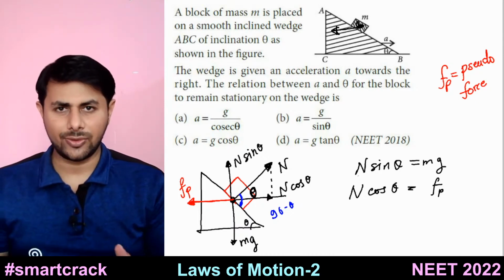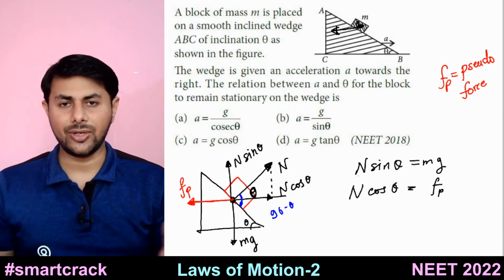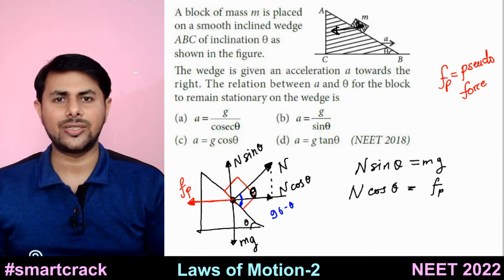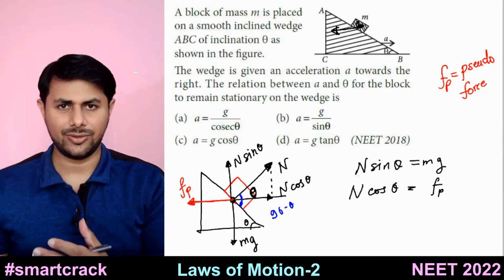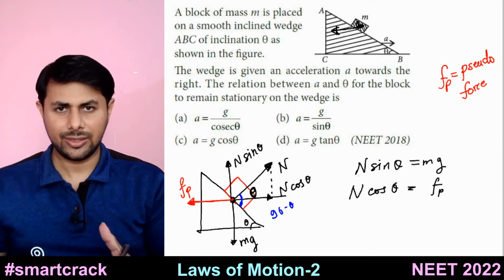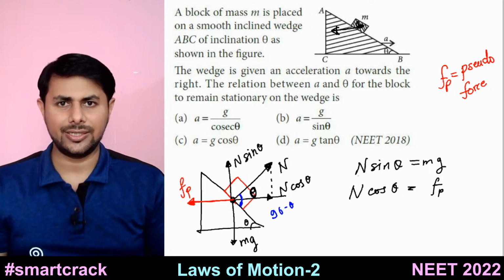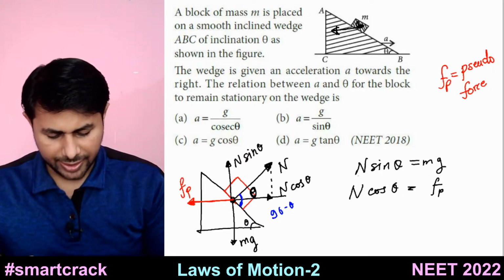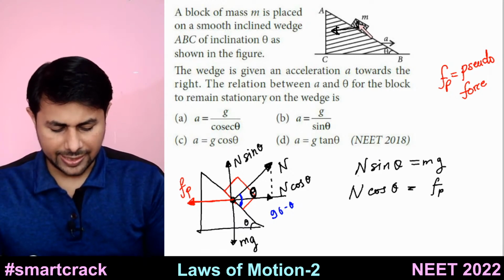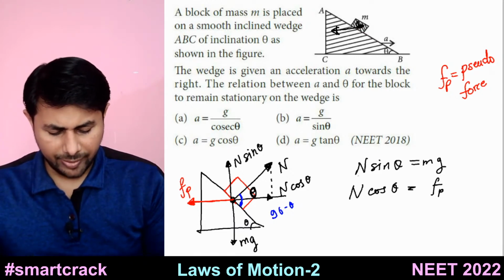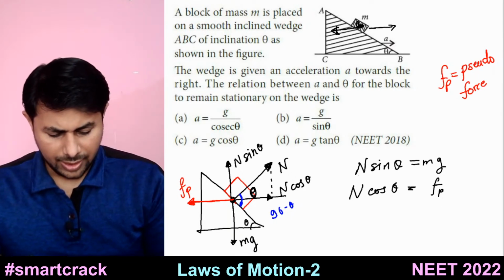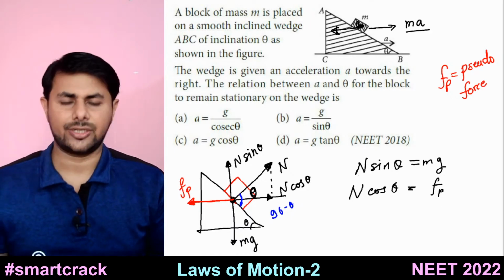And how much would be the pseudo force? Just like in circular motion, centrifugal force is the pseudo force whose magnitude is equal to the centripetal force. It is equal to the real force acting, but it is felt in opposite direction. So what is the real force acting on this mass? It will be its mass times acceleration.